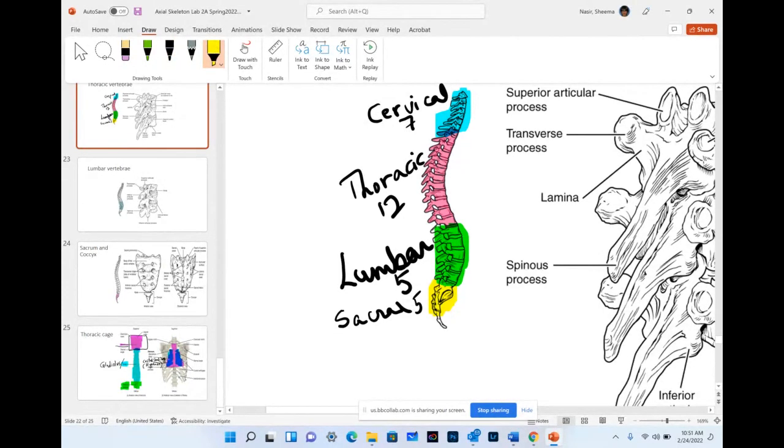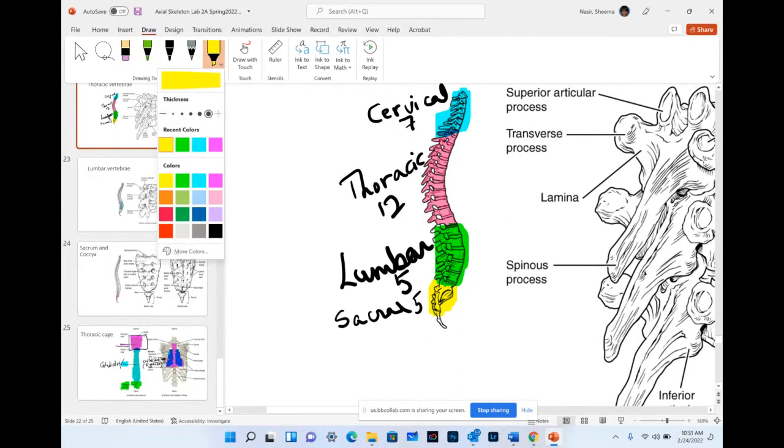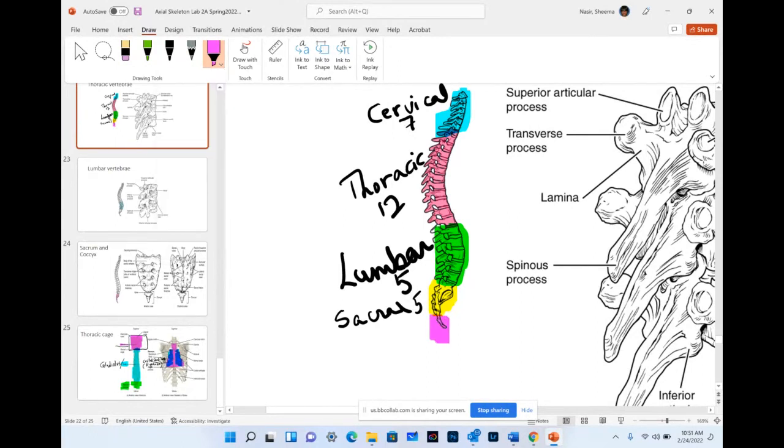And at the bottom, what you are looking at, this right here, that is your coccyx. And that is going to have 1. So now, how many in all?